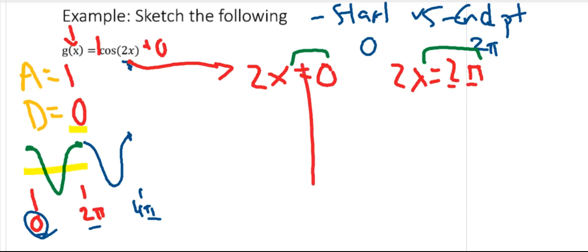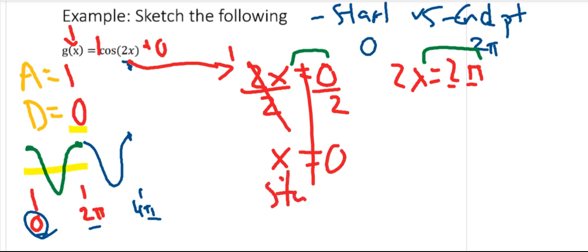So in order to isolate the variable, and you guys know why I draw the line there to separate left and right, I'm going to divide by 2 because I need to isolate the variable. 2 divided by 2 is 1, and so we are left with this. 0 divided by 2 is 0. So what this means is that the start didn't change. This is my start here. It's 0. It could have changed, but for this example, it didn't.